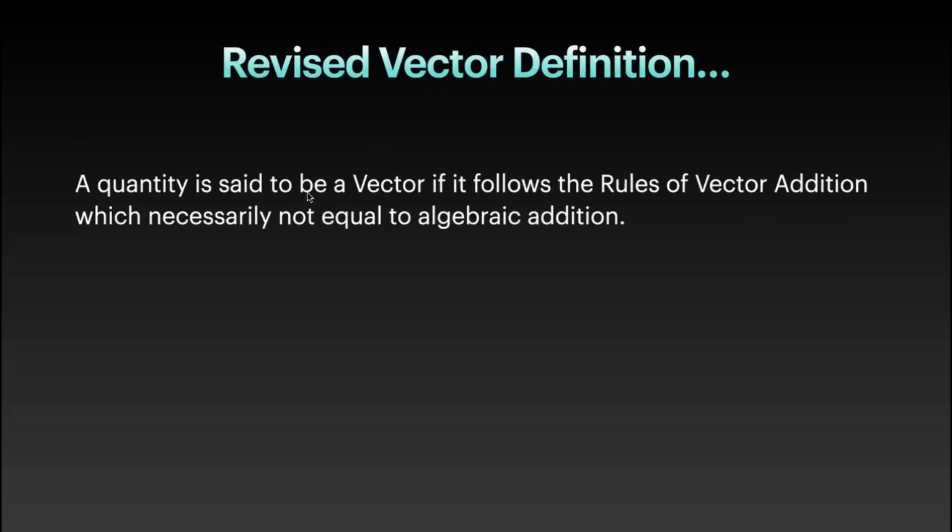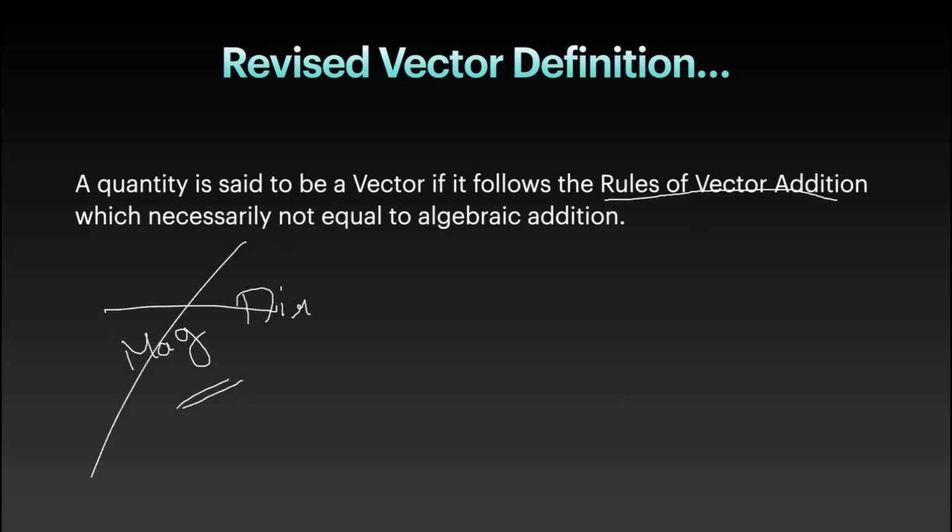A quantity is said to be a vector if it follows the rules of vector addition, which is not necessarily equal to algebraic addition. So initially, what criteria were we looking at? We were initially looking at magnitude and direction. So if it has both, this is a vector.